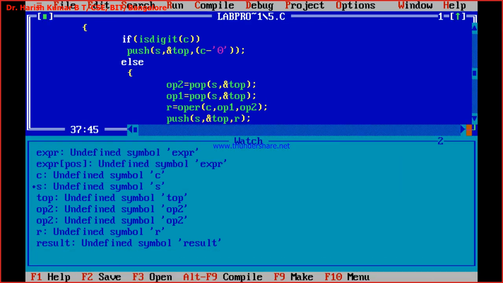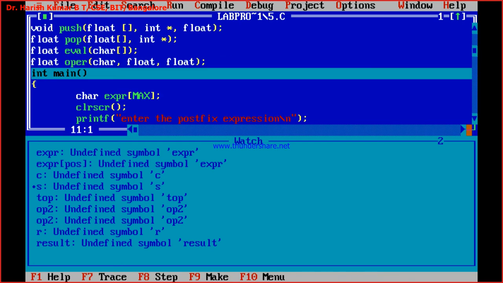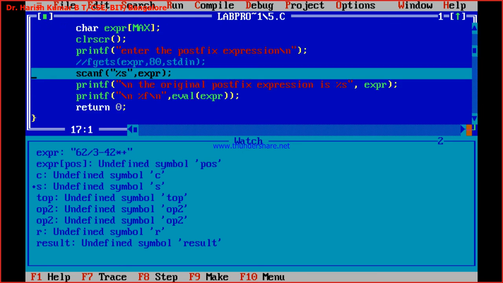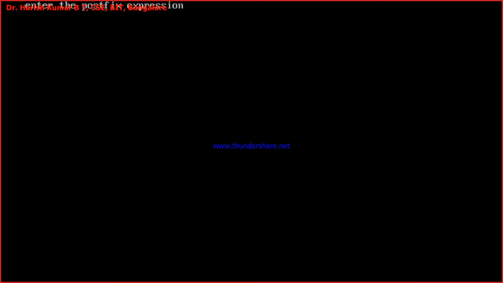Okay, now we'll start debugging. I'm going with F7. Enter the postfix expression. I'll take this: 6 2 divided by 3 minus 4 2 into plus.